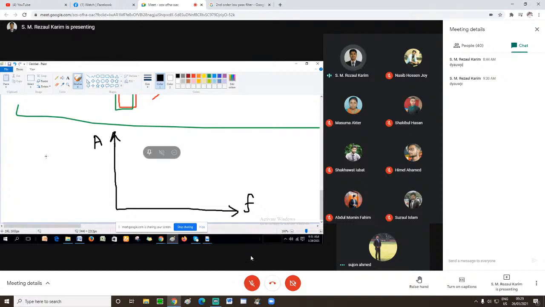Frequency and amplitude of what? Of a signal, okay? Let's say this is the signal. Here it is frequency here, and these are the amplitude here. Sometimes the amplitude can be replaced with the gain, signal gain.